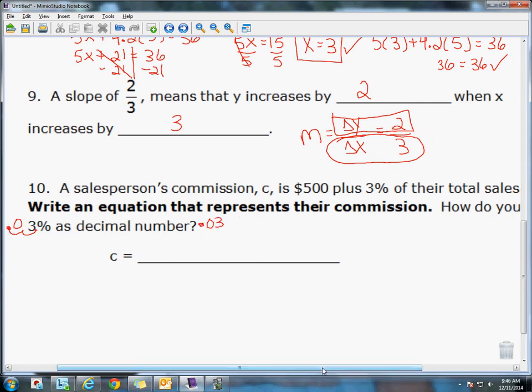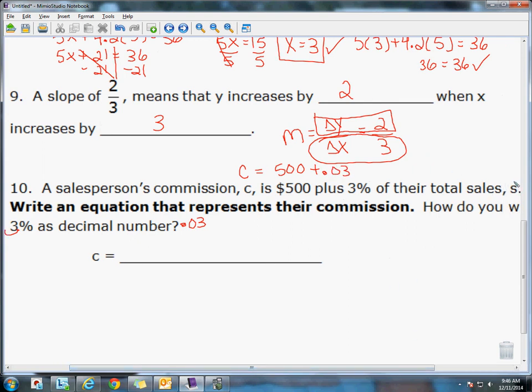And then if we go back and read the problem, your salesperson commission C means equals, you have $500 plus 3%. When we write it, we're going to write it as a decimal, 0.03 of their total sales. Remember, of means you're multiplying.